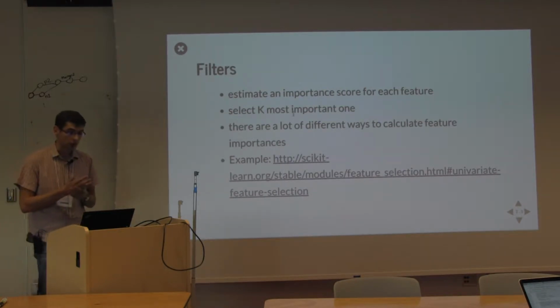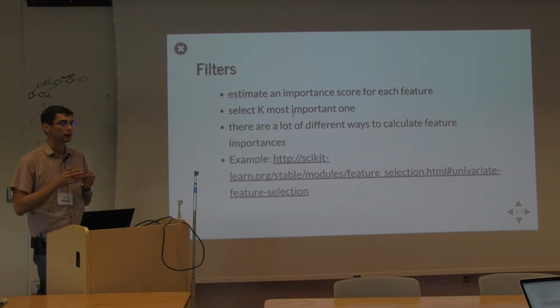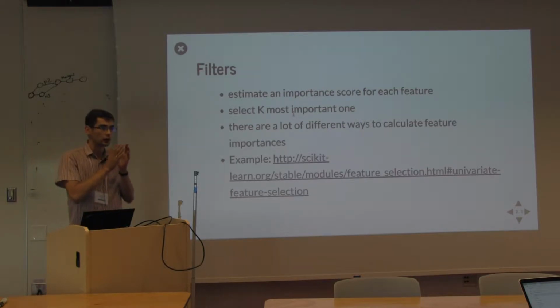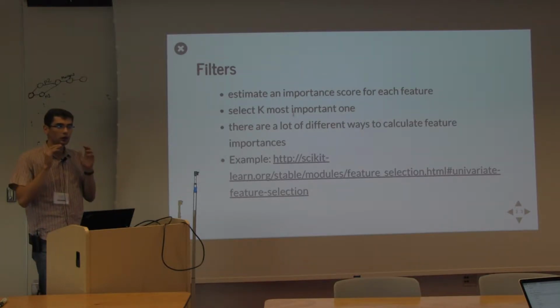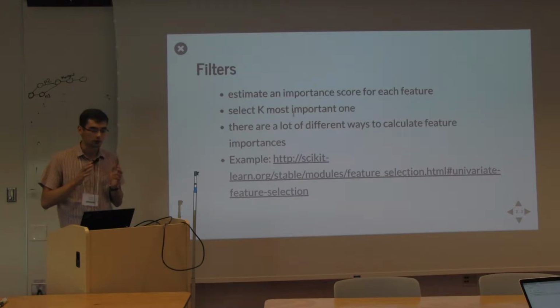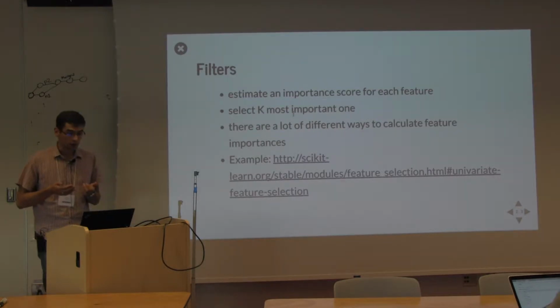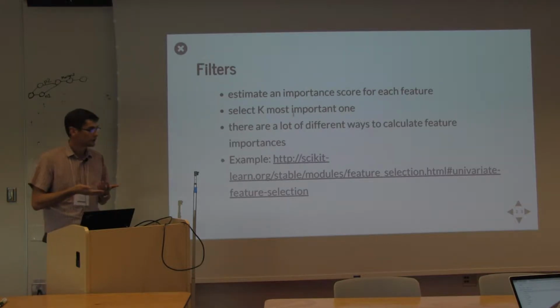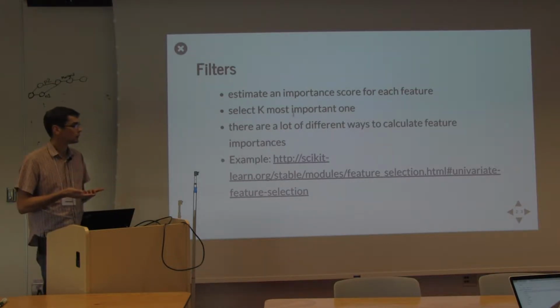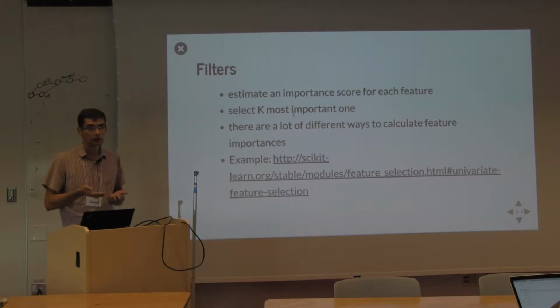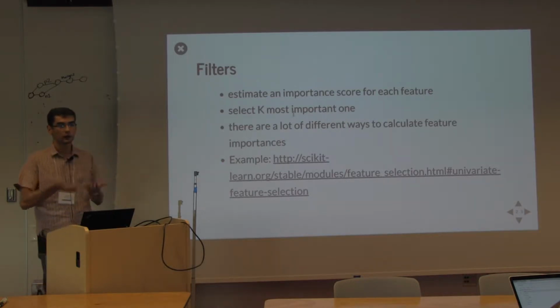Let's start with filters. So the idea is very simple. We can select one feature, then somehow estimate its importance or its score, and then do this operation for all available features, and then select k features with the highest scores.